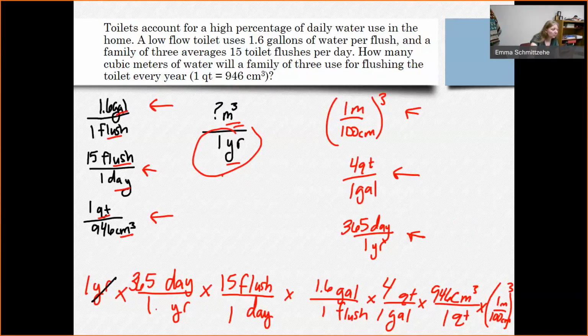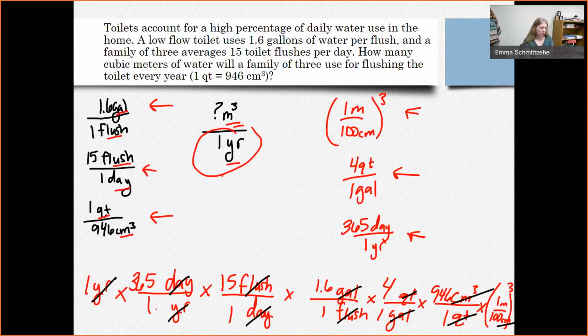So in a year, convert that to days, convert the days to flushes, the flushes to gallons, the gallons to quarts, and the quarts to cubic centimeters to meters cubed. So if I punch that all in the calculator, that's going to tell me how many meters cubed in 1 year.